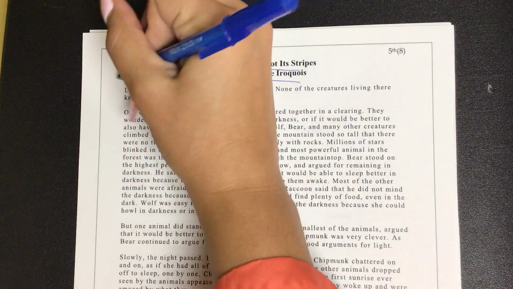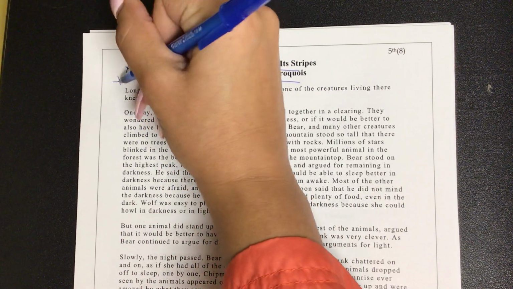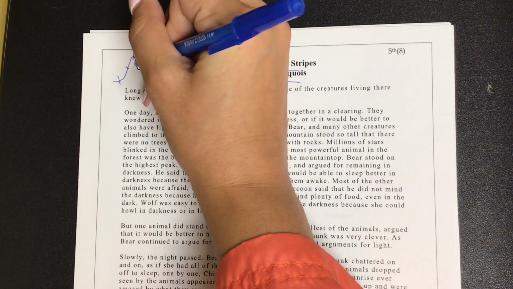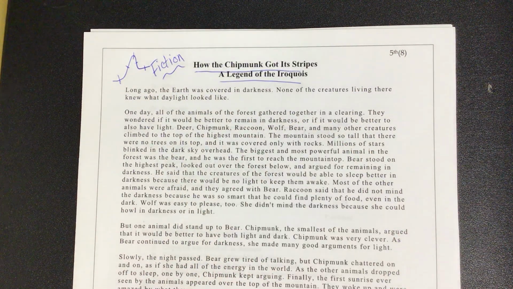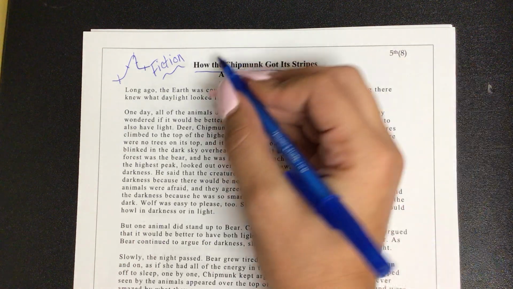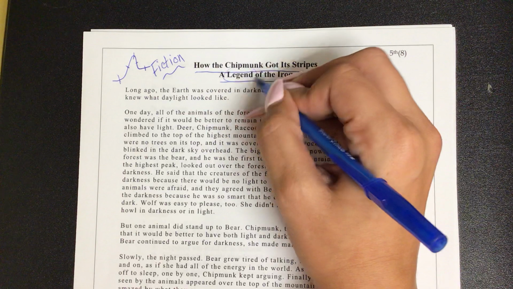I know stories follow a plot. There's going to be some setting, characters, rising action, climactic events, falling action, and a resolution. I should be paying attention to the conflict in the story and how that's solved. And then I also am thinking about how the chipmunk got its stripes. A legend.